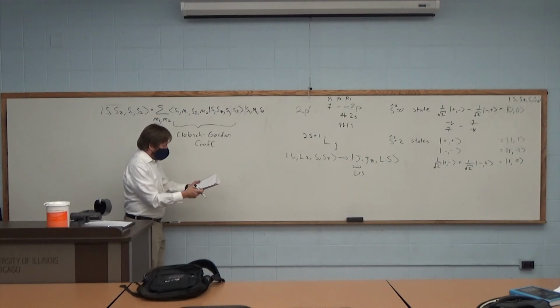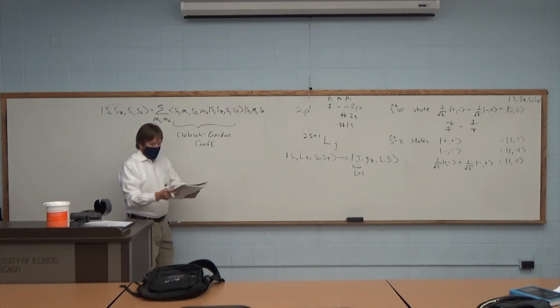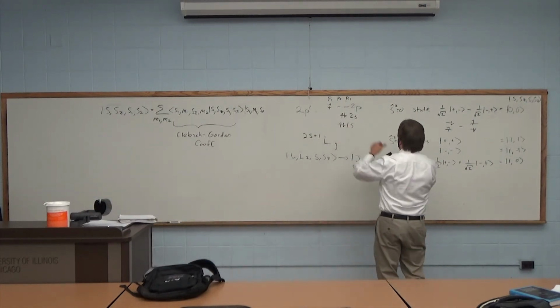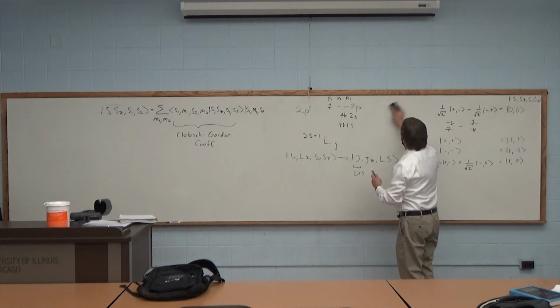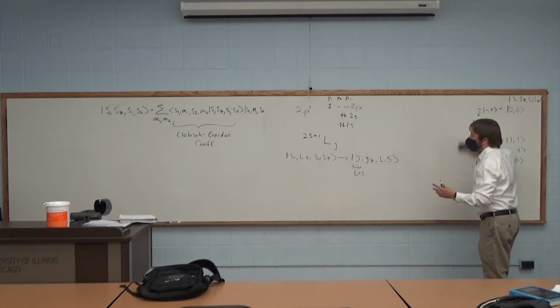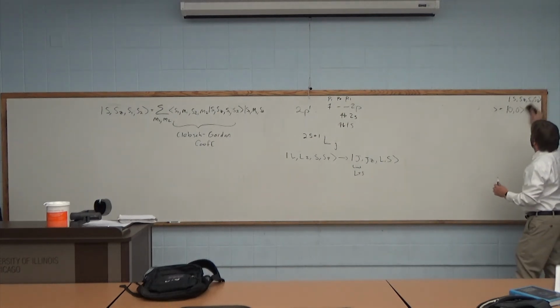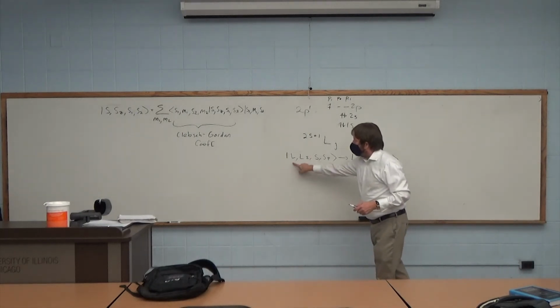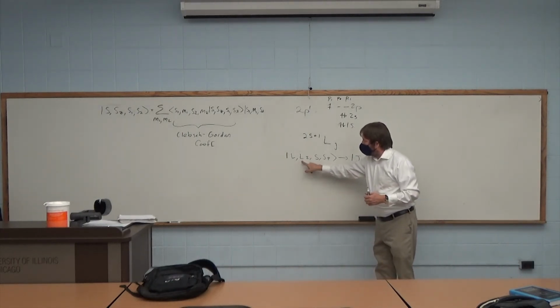Real quick, let me show you how to do this for this state, because this one is actually stupid easy, but it gives you an idea of what we're trying to do. So again, L, L_z, S, S_z, p: plus 1, 0, minus 1.